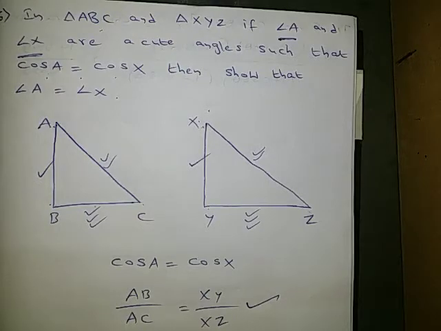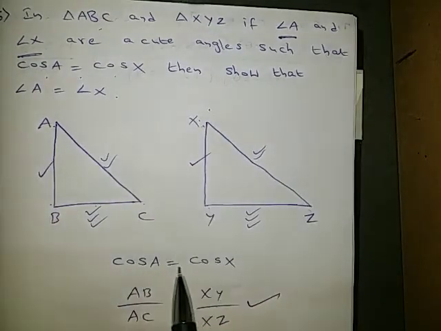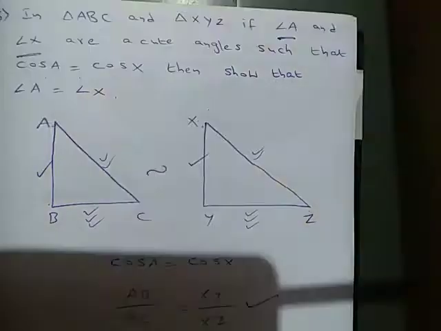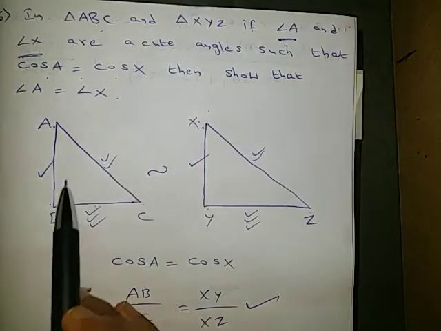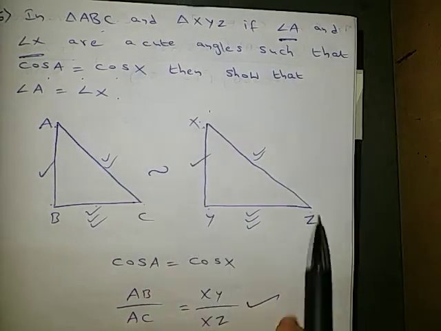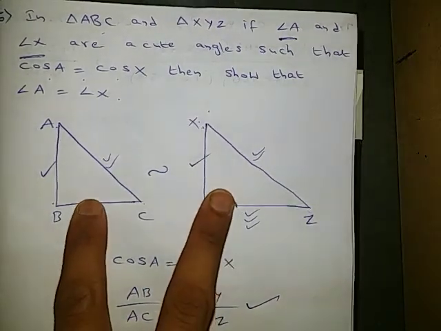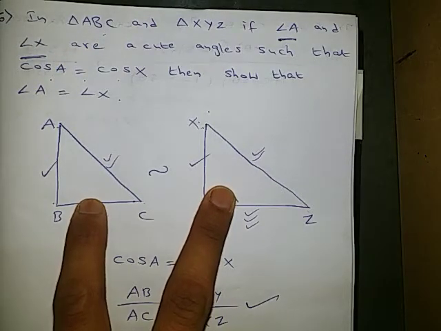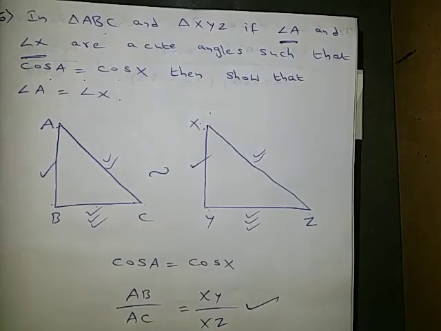If all the three sides are in the same ratio, then we can say that triangle ABC is similar to triangle XYZ. If two triangles are similar to each other, then the corresponding angles are equal.